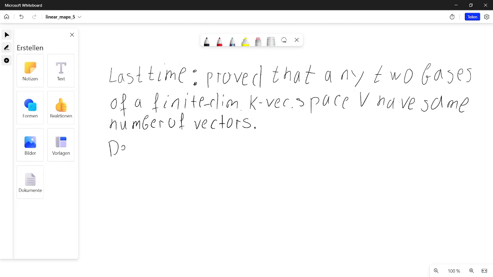Definition. I gave this definition implicitly also last time, but let's make it explicit.